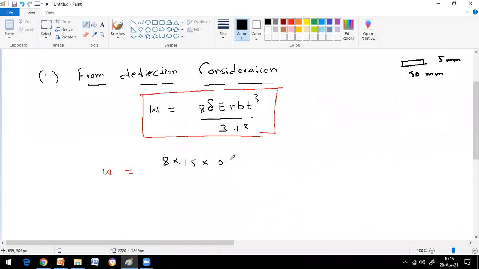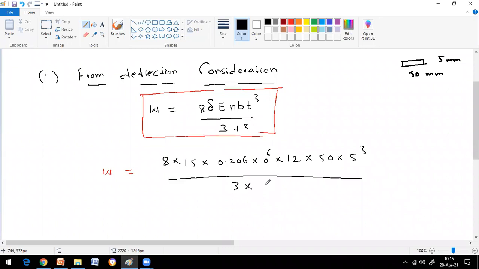What is E? 0.206 into 10 power 6. What is N, the number of plates? 12. What is the width of the plate? 50. What is the thickness of the plate? 5, by 3 into the longest length of the plate, 600 cube. What will be the load? 2860 Newton. Please solve it.